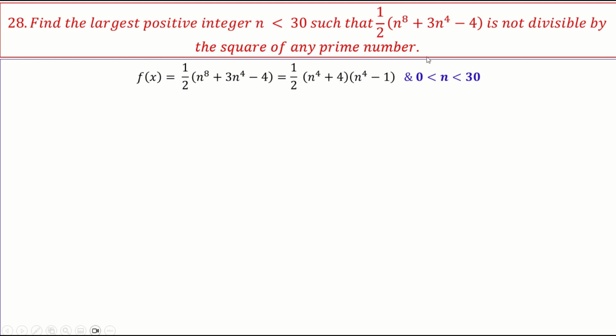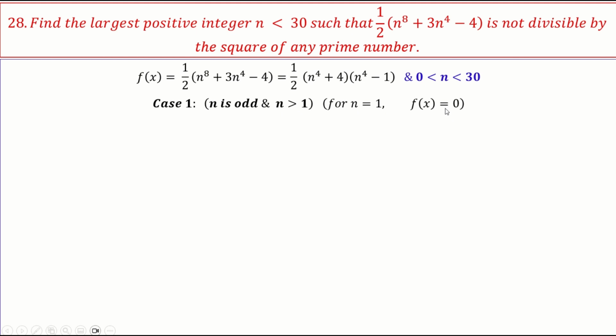And n is between 0 and 30. This is important. n is between 0 and 30, a positive integer. First, case one, I will take all odd numbers, from 1 to 29. Now n is odd and n is greater than 1, because for n equal to 1, f of x is 0 anyway, so any number will divide it.